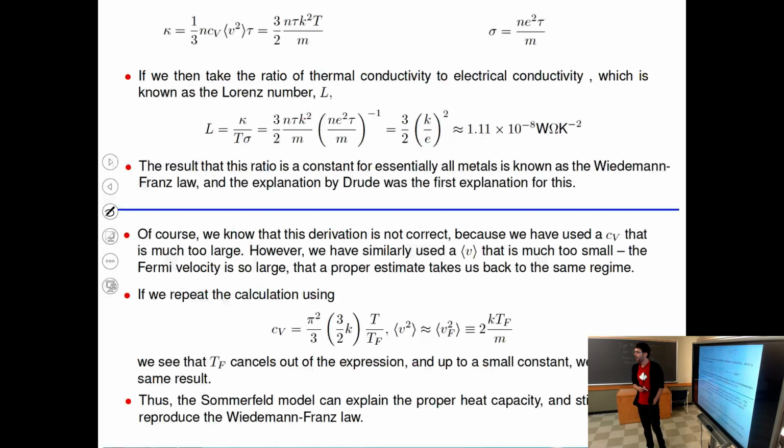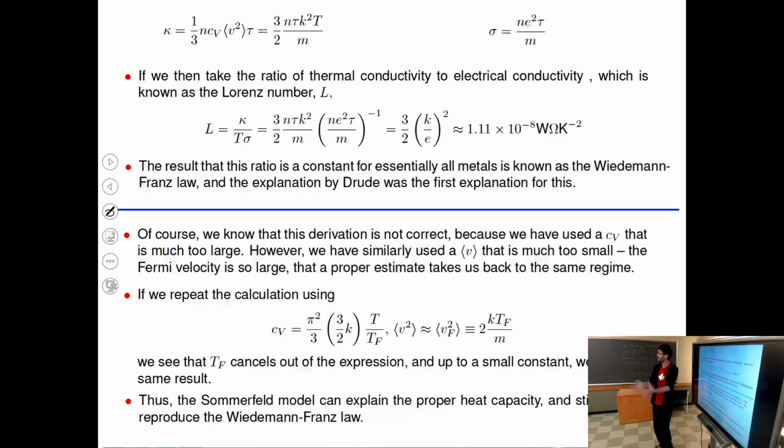And then people have noticed from measurements that if you measure thermal conductivity and electrical conductivity for the same material, there is a relation between them. And that is called the Wiedemann-Franz law. This is sort of an empirical law.